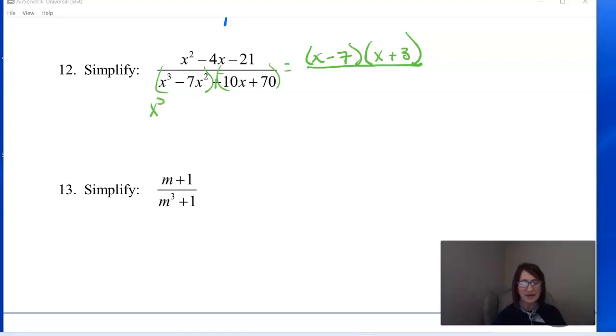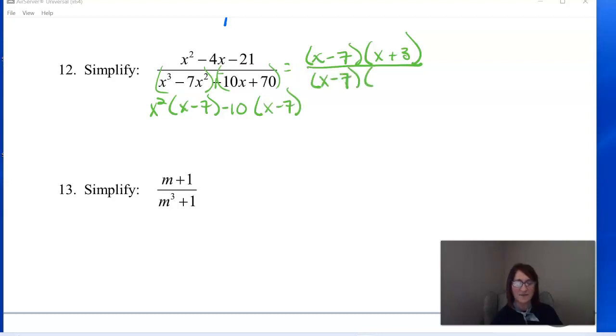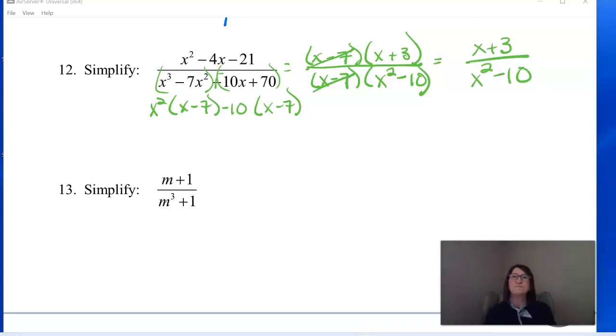So we can take out an x squared, so we get an x minus 7. Take out a negative 10, and we get an x minus 7. So now we've got x minus 7, and then an x squared minus 10. So my x minus 7s reduce, and I'm left with x plus 3 over x squared minus 10. That's as good as it gets.